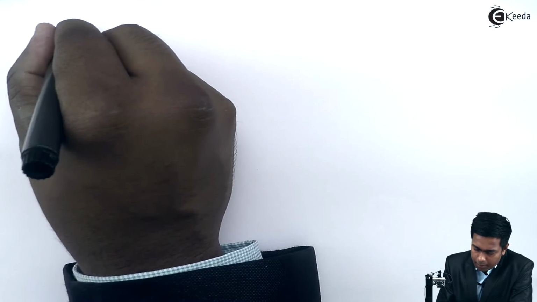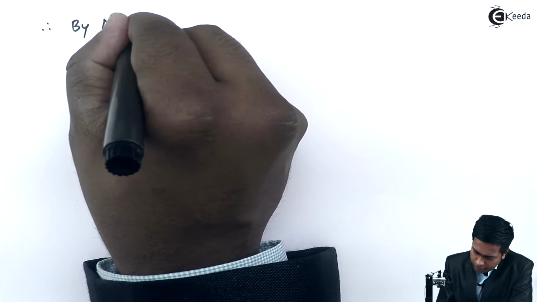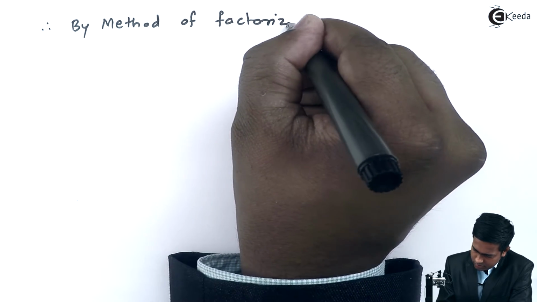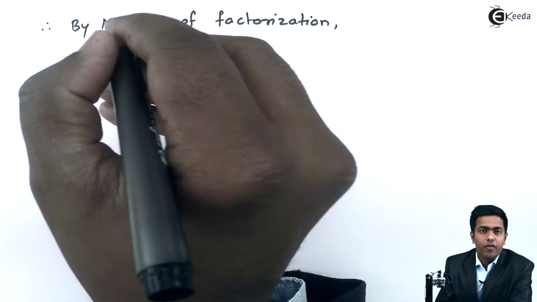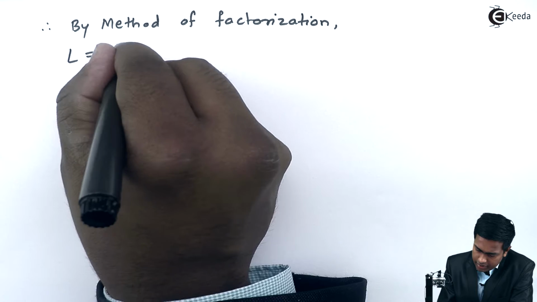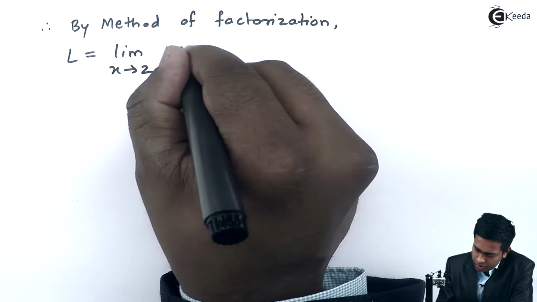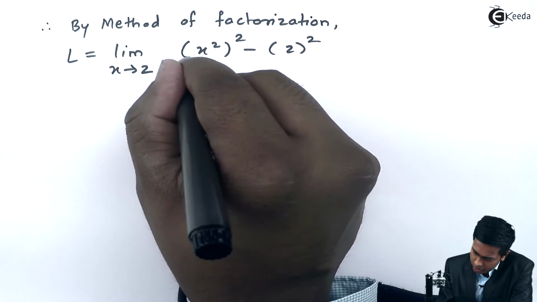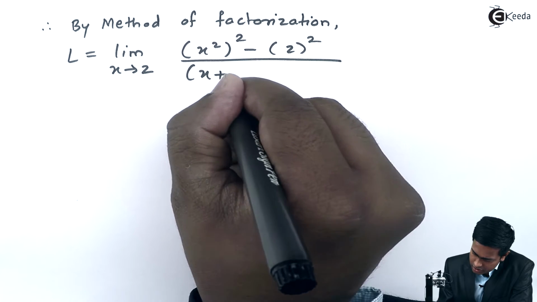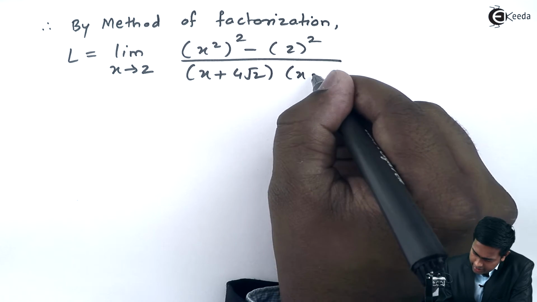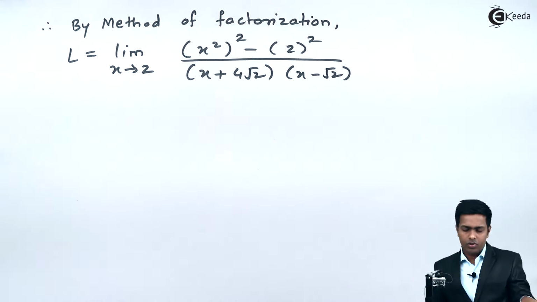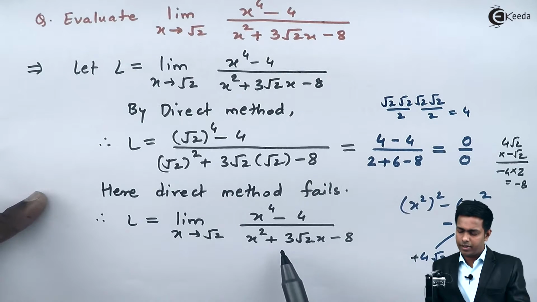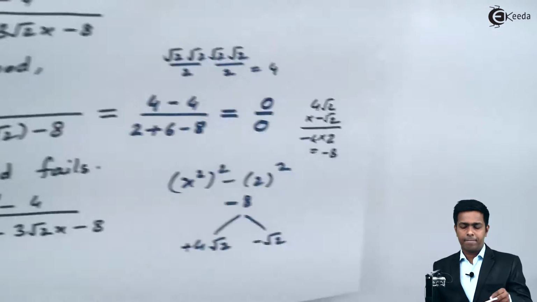So therefore by method of factorization we will get L as limit x tends to root 2 of ((x square) the whole square minus (2) the whole square) upon ((x plus 4 root 2) and (x minus root 2)). I am just copying down these two factors in the denominator and this term in the numerator.